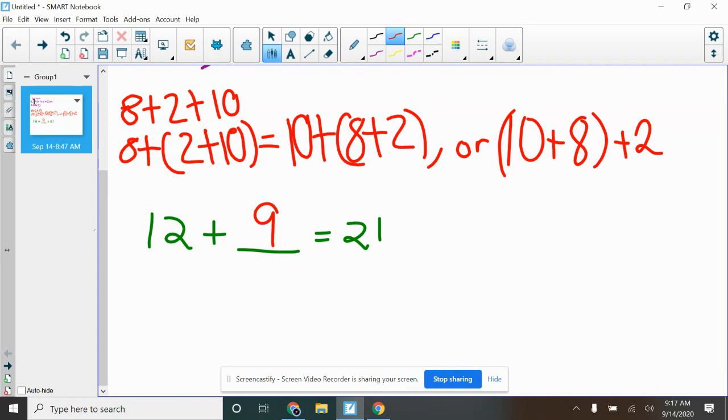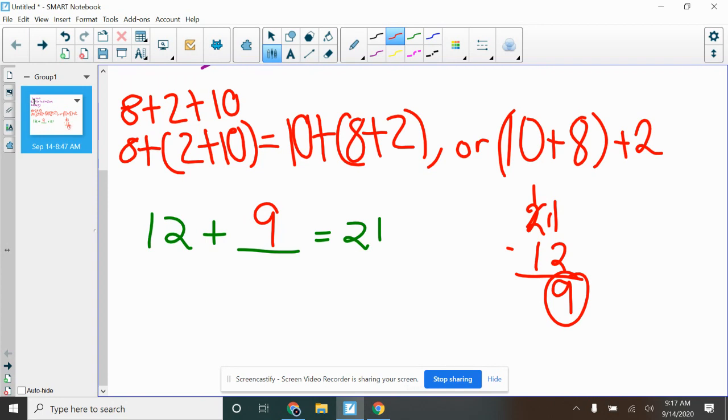Rather than just asking your brain, 12 plus what equals 21, take the 2 numbers they give you, which is 21 and 12, and do the opposite of the math that you see. Since I see addition, the opposite of addition is subtraction. So I could do 21 minus 12, and that helps me figure out that what's left over is 9.